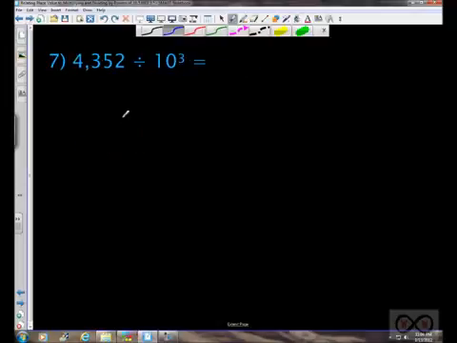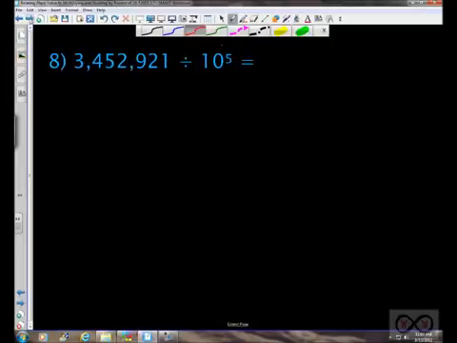Number 7, we've got 4,352 divided by 10 to the 3rd power. Decimal point appears to move 3 places, indicated by this 3 up here, that exponent 3. Now the decimal point is located here, giving us 4 and 352 thousandths. And the last problem.